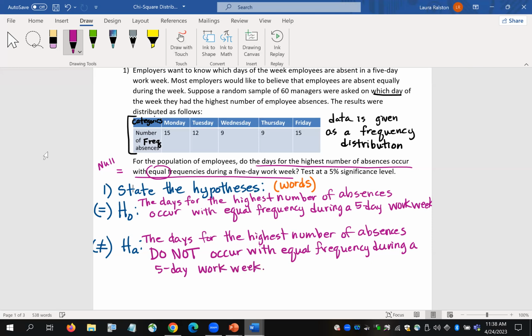Okay, I added the two words do not, which would imply they're not equal. Everybody okay? Yes.